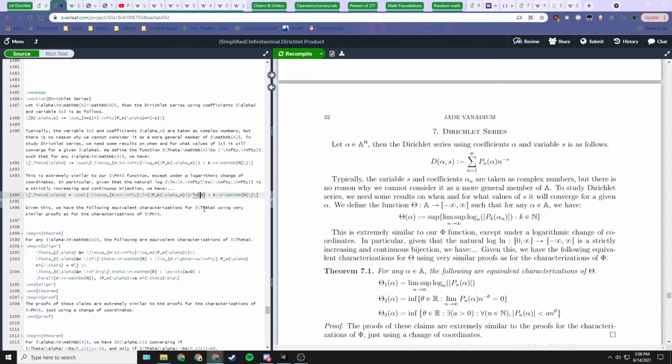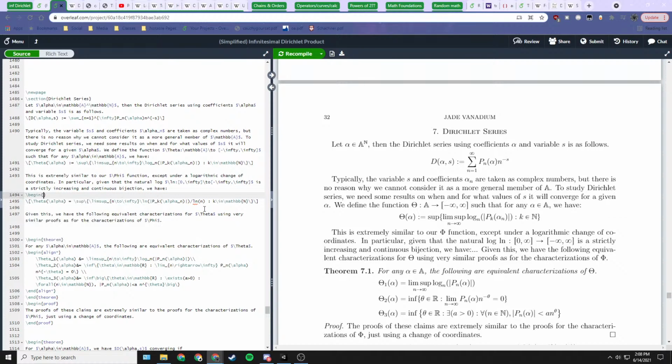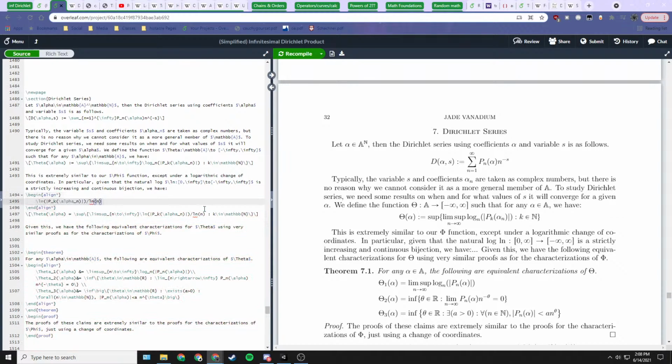And then log base n of this is ln divided by log n, which is equal to this to the power 1 over log n.